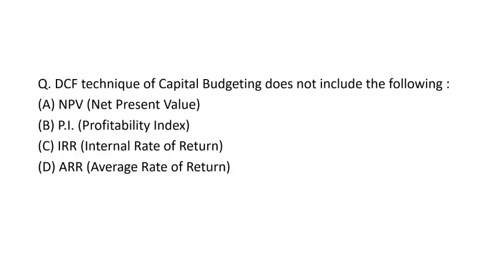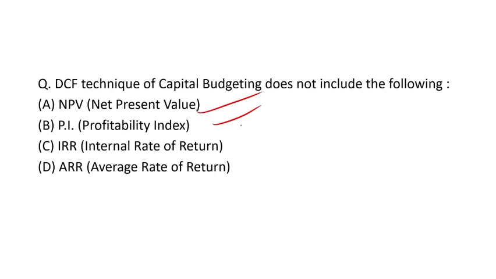The DCF technique of capital budgeting does not include the following. Now DCF is the discounted cash flow technique: net present value, PI profitability index, IRR internal rate of return, and ARR average rate of return. The NPV method is discounted.